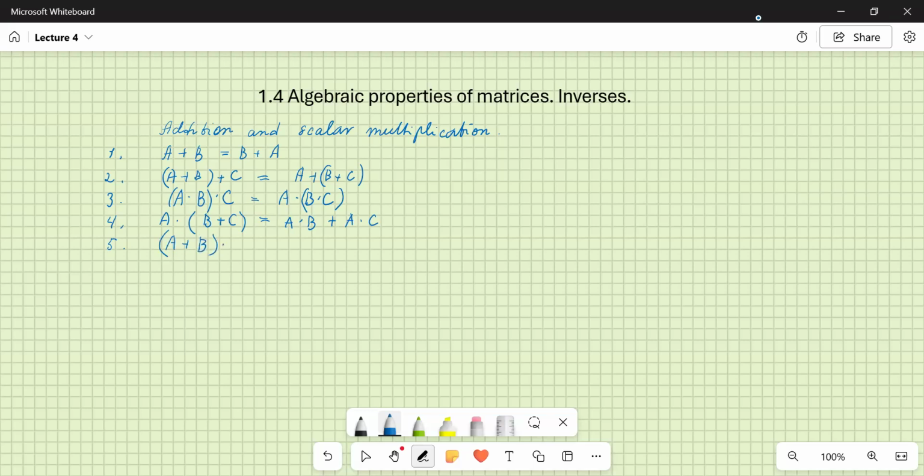If you have a sum of matrices multiplied by matrix C on the right, remember matrix A over here sits on the left, right? This is the right multiplication. We can also distribute this matrix C, and it's going to be A multiplied by C plus B multiplied by C, distributive law, right?